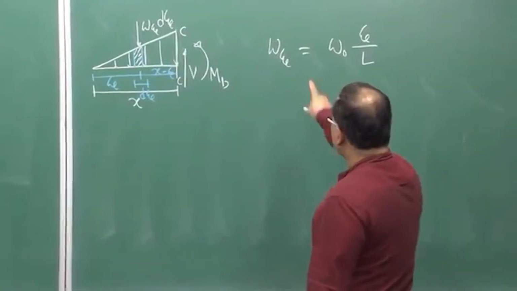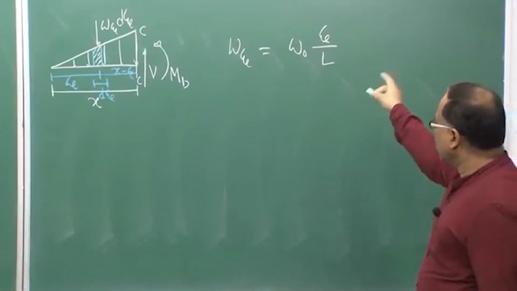So, we have got the expression of W xi in terms of W naught.